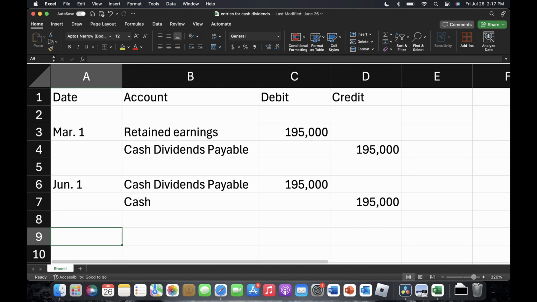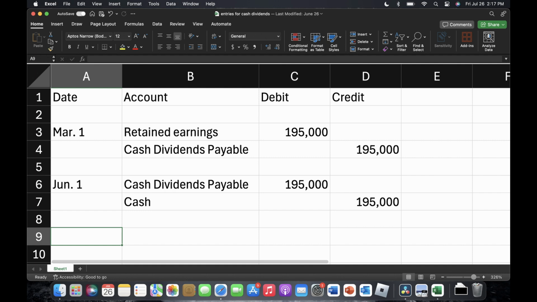In this example, the account is being debited for $195,000. The cash account goes on the bottom because it is an asset that is being decreased and is therefore being credited. The account is being credited for $195,000, an equal amount to the debit to the cash dividends payable account.